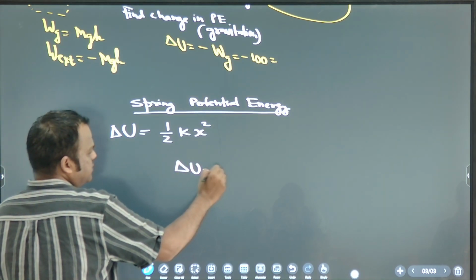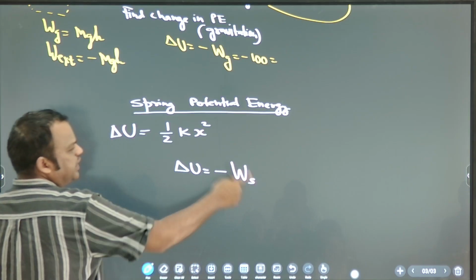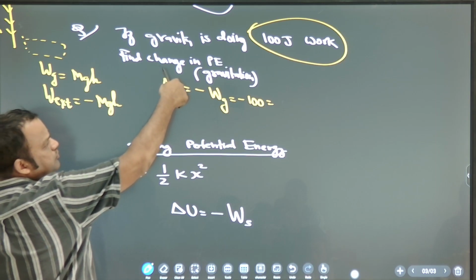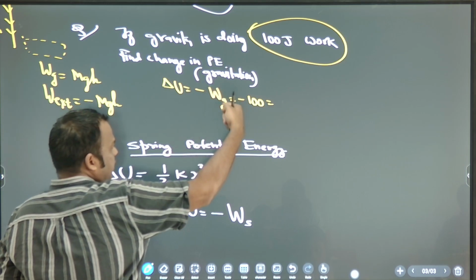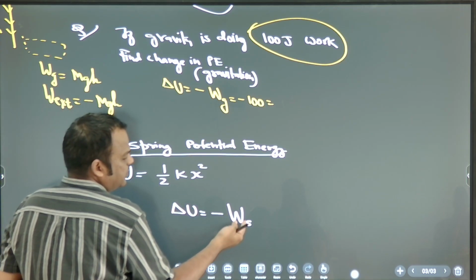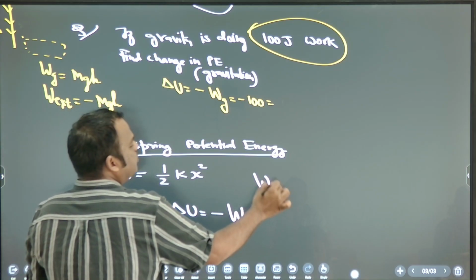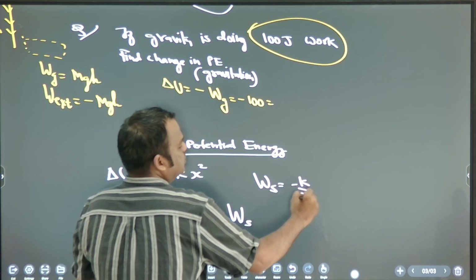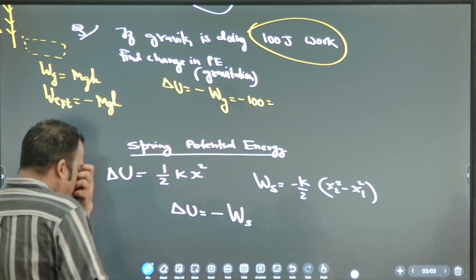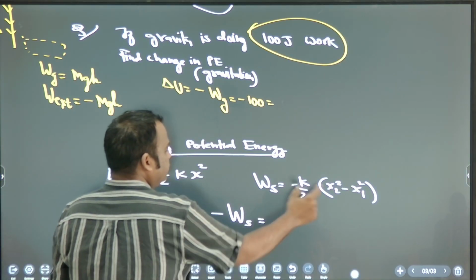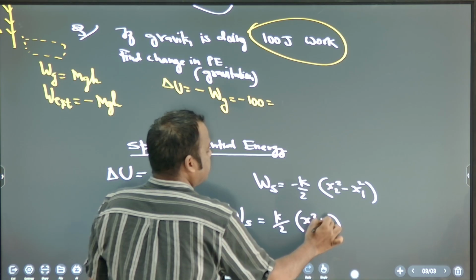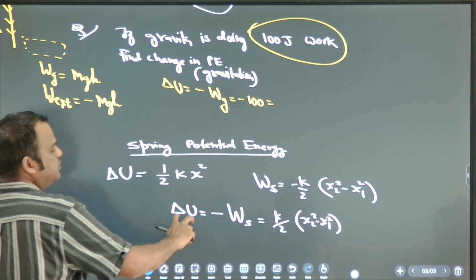Change in potential energy is minus of work done by spring, like for gravity, where change in potential energy is minus of work done by gravity. And what is the formula for work done by spring? Minus k by 2 (x2 square minus x1 square). So now if we put it here, it will become k by 2 (x2 square minus x1 square). Okay, so note down.